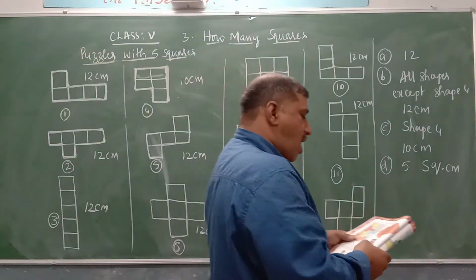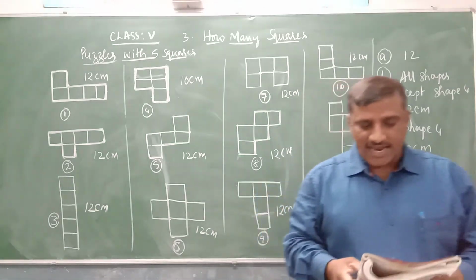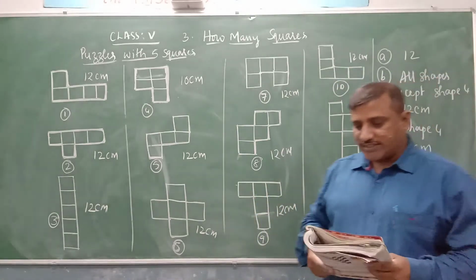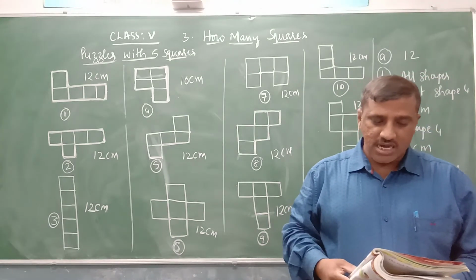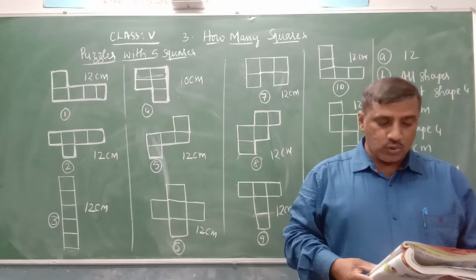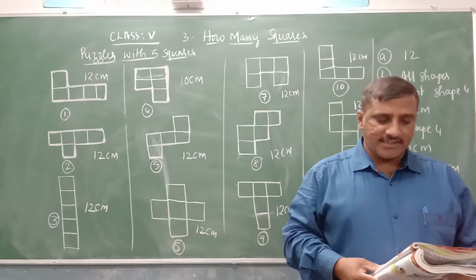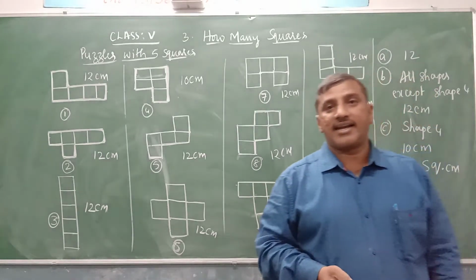Now, all 12 shapes are arranged here to make a rectangle. This is a 10 into 6 rectangle, as there are 10 rows and 6 columns. You will be surprised to know that there are more than 2000 ways in which these shapes make a 10 into 6 rectangle.